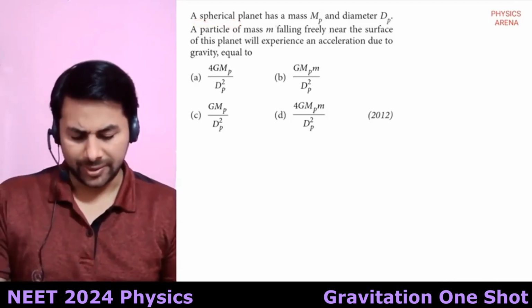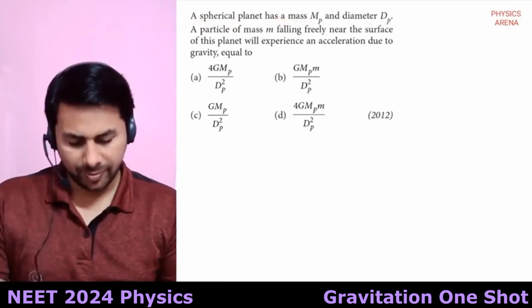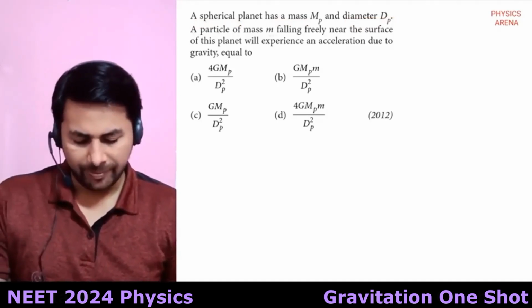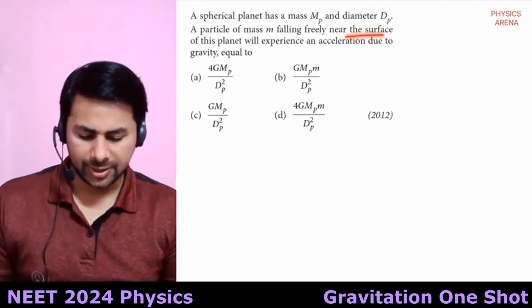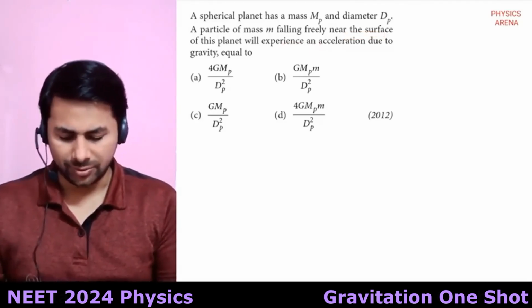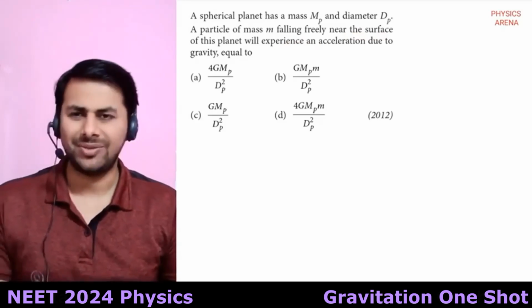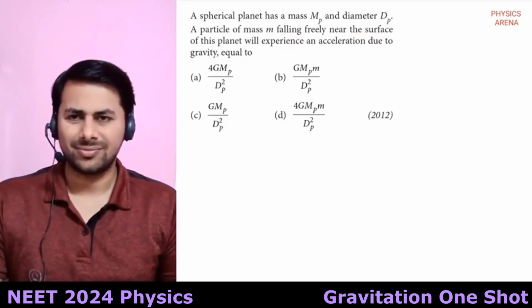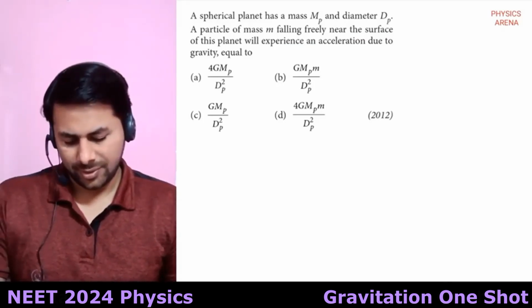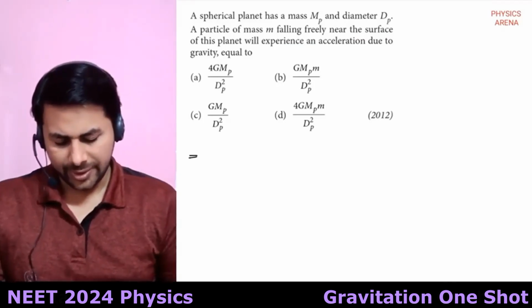A spherical planet has a mass mp and diameter dp. A particle of mass m falling freely near the surface of this planet will experience an acceleration due to gravity equal to, tell me. Option A. Let's check.